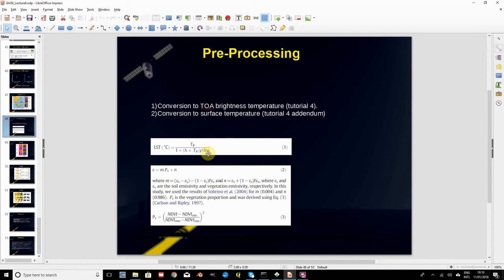If you look at the form of this equation, basically you've got the temperature in our raster divided by 1 plus something. So in essence, what that is telling us is that the temperatures in our top of atmosphere raster are observed as being too high.